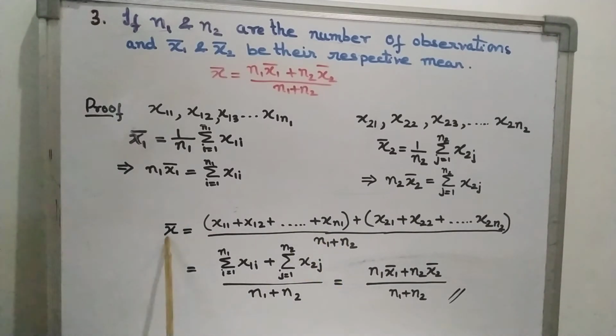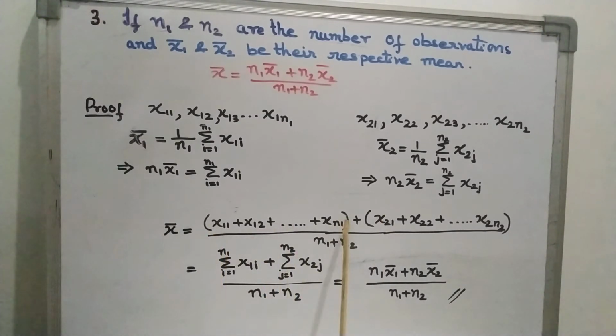This is the general formula for finding AM: we add all the observations and divide by the number of observations. So we include all the elements of the first series and all the elements of the second series, with an addition sign between them, divided by n1 plus n2.